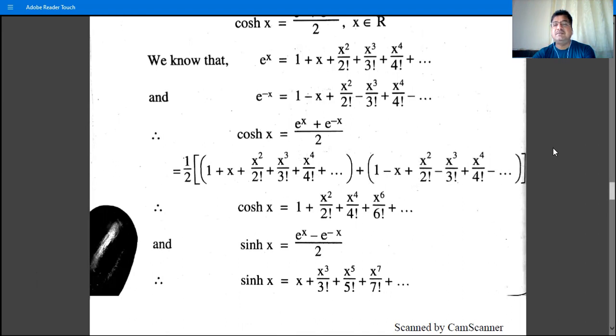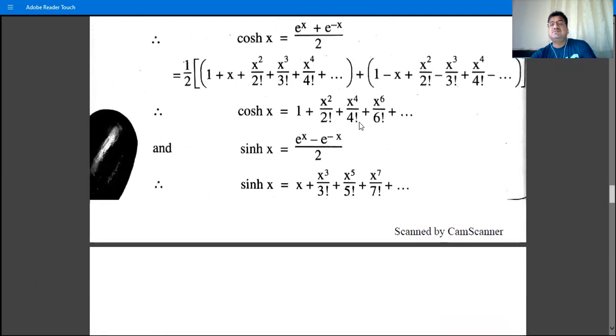The minus x cube by 3 factorial and plus x cube by 3 factorial becomes 0. Then x raised to 4 by 4 factorial plus x raised to 4 by 4 factorial becomes 2 times x raised to 4 by 4 factorial. Taking 2 as common, 1/2 and 2 becomes 1. So we have 1 plus x square by 2 factorial plus x raised to 4 by 4 factorial plus x raised to 6 by 6 factorial and so on.